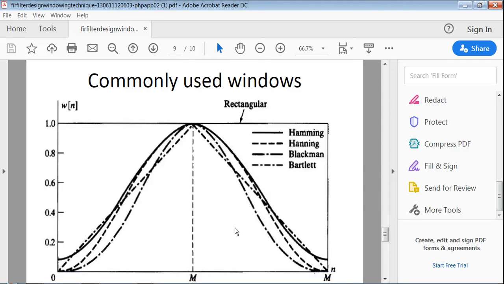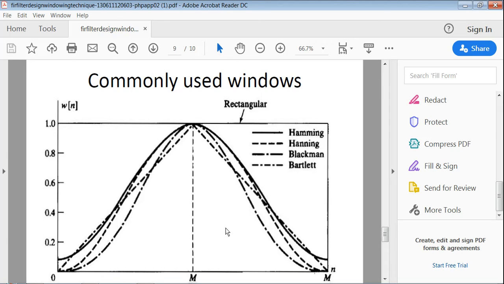See the commonly used windows: Hamming window, Hanning window, Blackman window and Bartlett window. See the response which is given already in this form. See this, attenuation is more, the bell shape is there. For Bartlett the triangular shape is there, and for the Hanning and Hamming windows the bell shape is there.